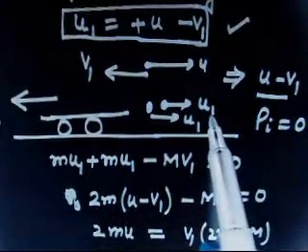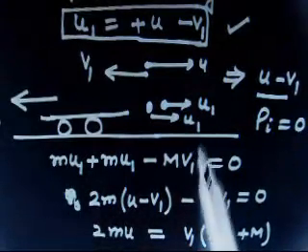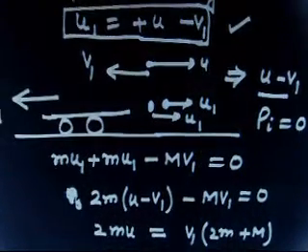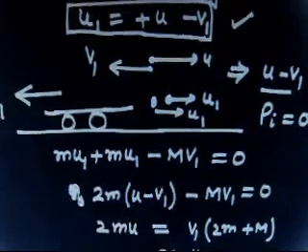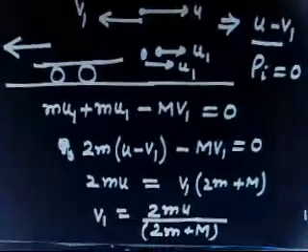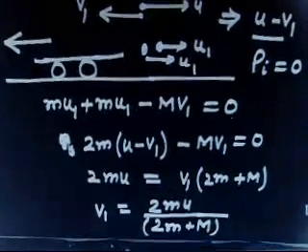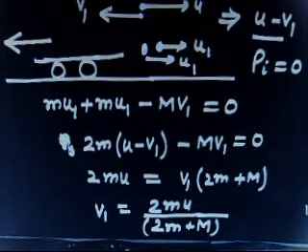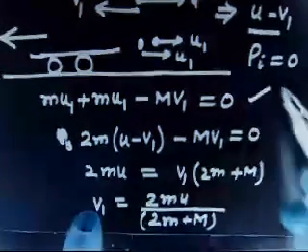So total momentum will be 2mu1 minus Mv1, equals 0. I think all of you are able to understand this one. Because in momentum conservation you have to take the actual velocity with respect to ground. You cannot take velocity with respect to buggy. That's why, if I take the velocity of man with respect to ground and velocity of buggy with respect to ground, I will have this expression.